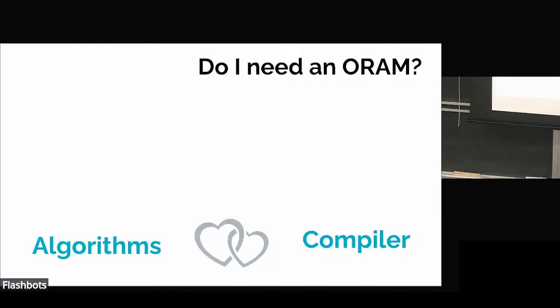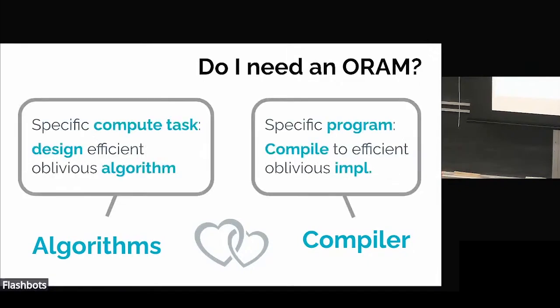Okay, so I will take an algorithms and compiler co-design perspective to tell you how we can take advantage of this insight. On both sides, we are asking the question, do I actually need ORAM?